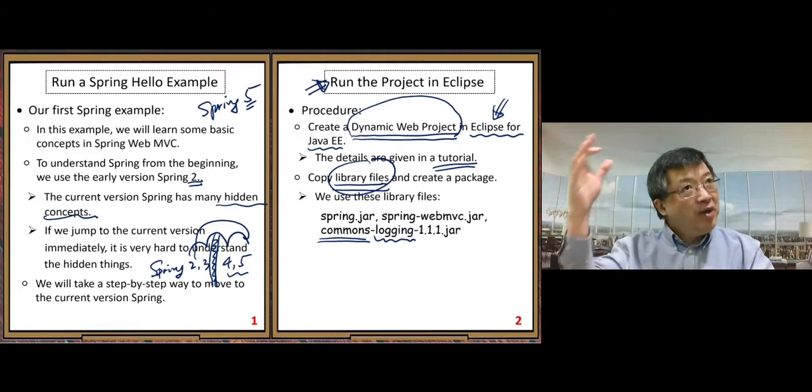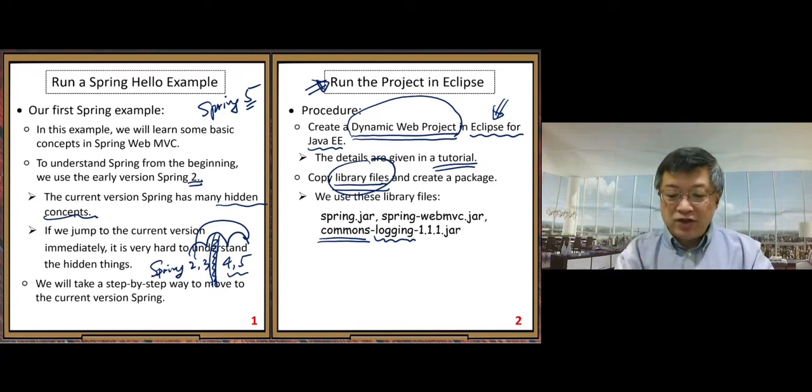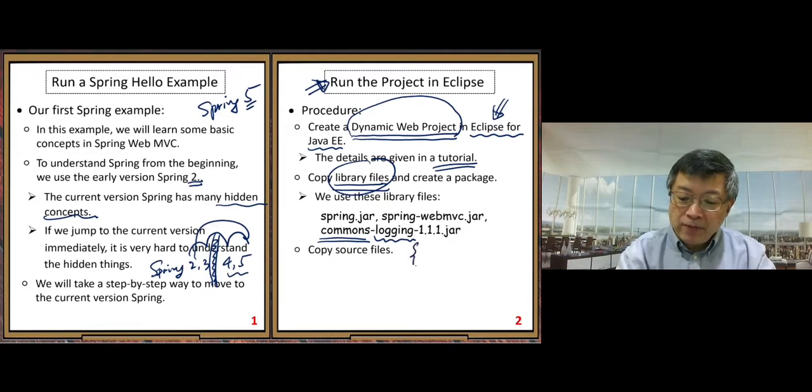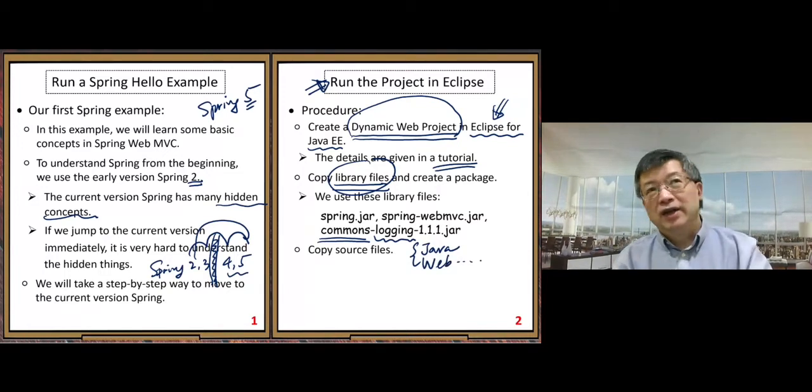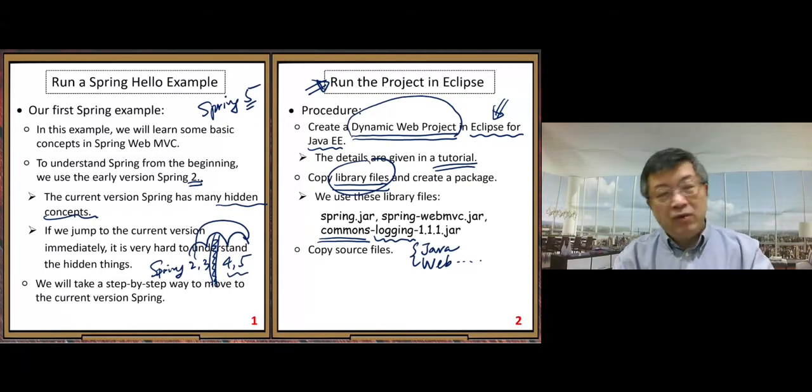Then copy Java source files. Not just Java source files. Copy source files including 2 parts. One part is Java source files. Another is web source files. We have a lot of web-related source files, right? Java and web we separate.